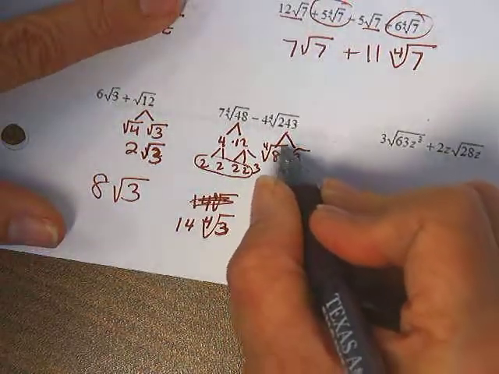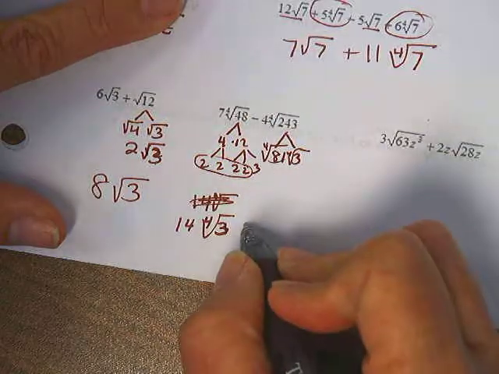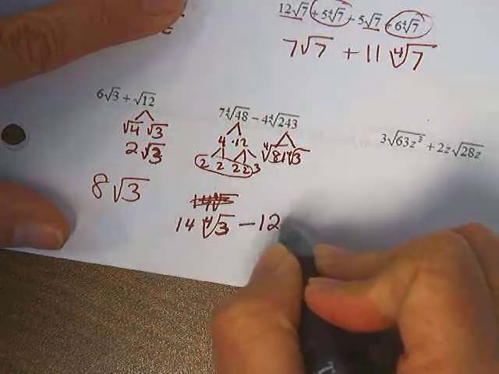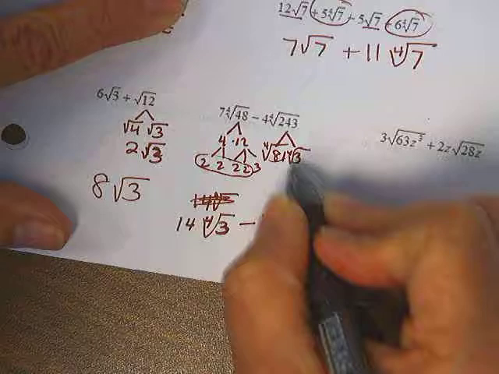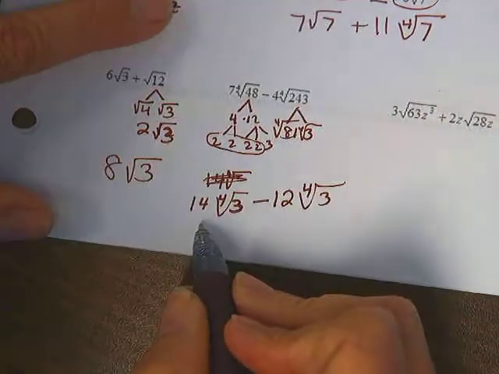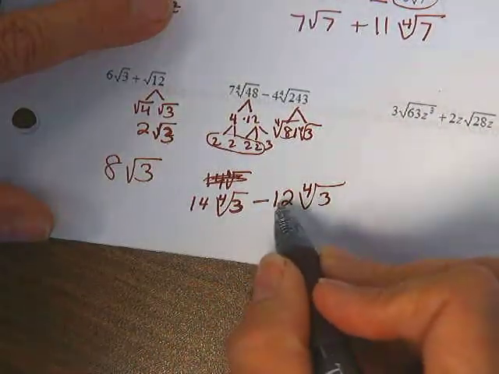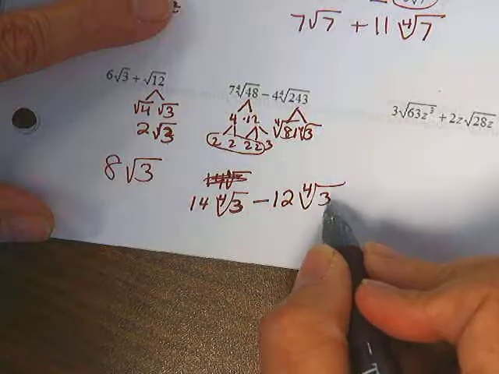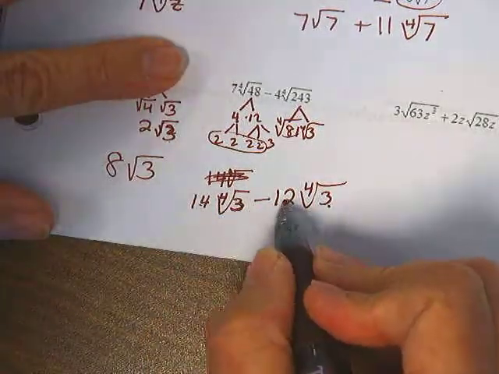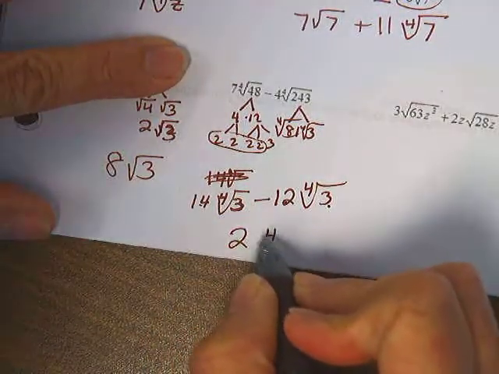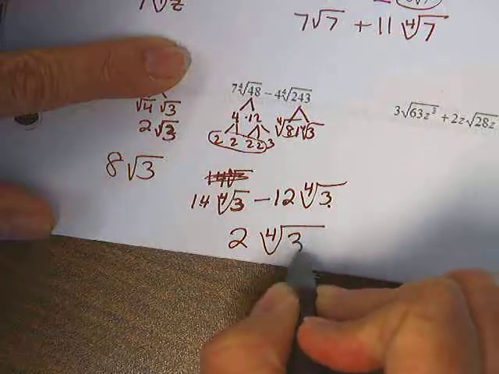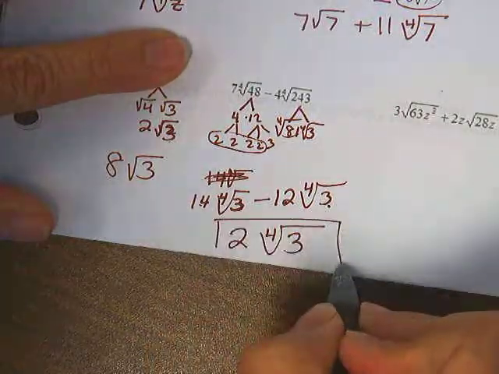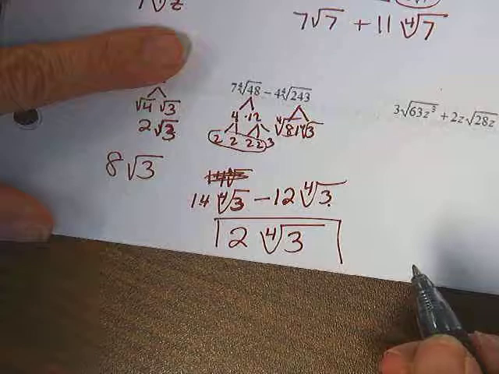So I can pull a 3 out of here. 3 times 4 is 12, and I still have that 3 left. So 14 of the 4th root of 3 minus 12 of the 4th root of 3. 14 minus 12 is 2. We don't change our index. So our answer is 2 to the 4th root of 3.